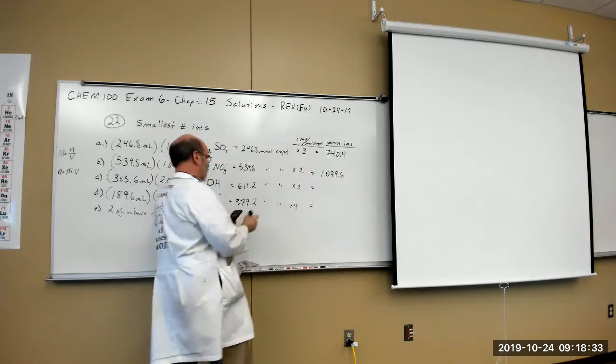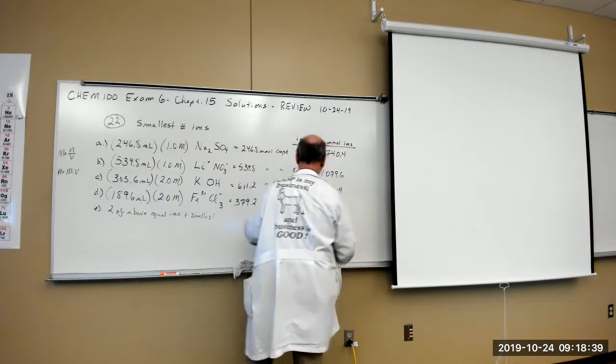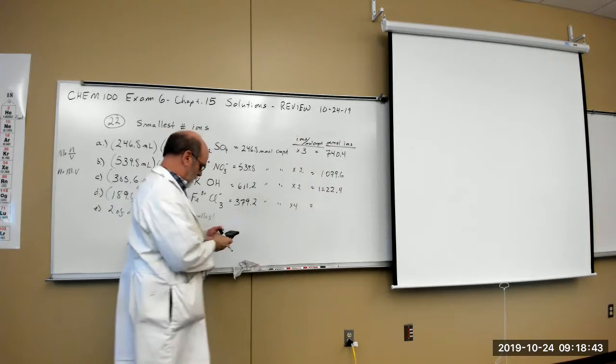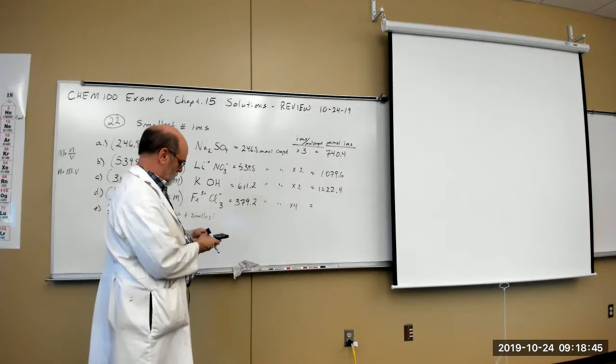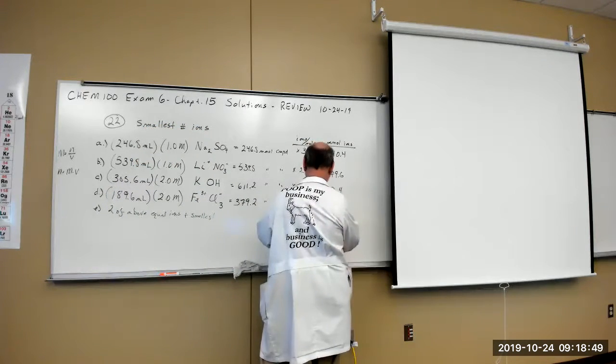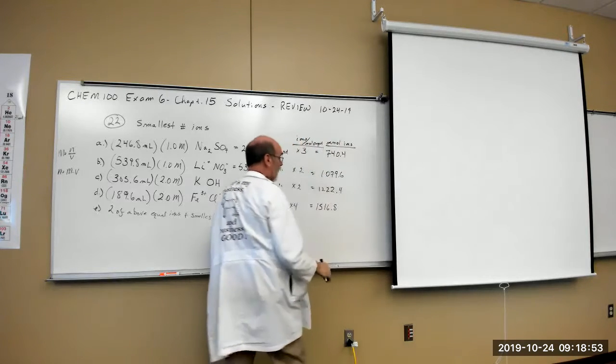And this one, then maybe I can do this one in my head. 0.4, 12. And 4 times that one is 1,516.8. That's all millimoles of ions.